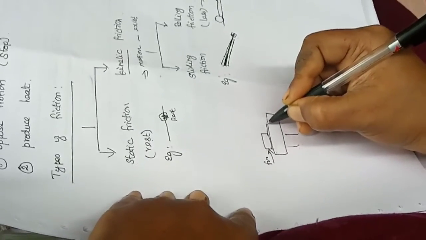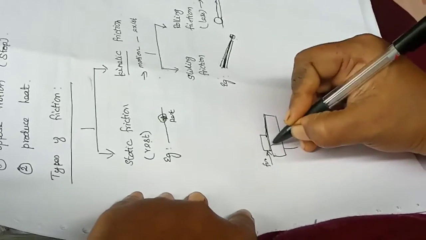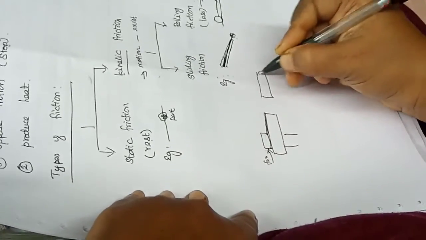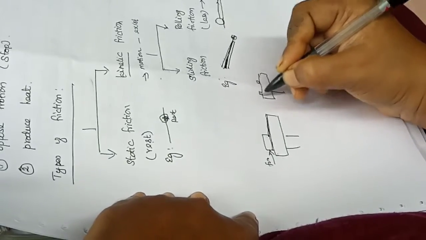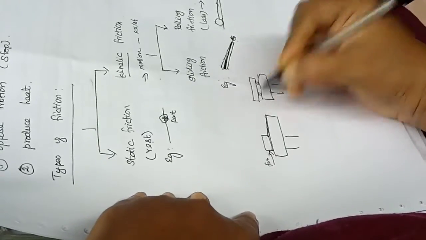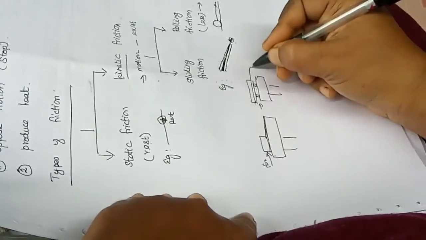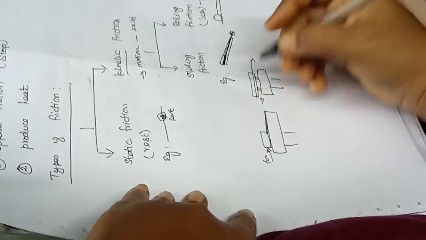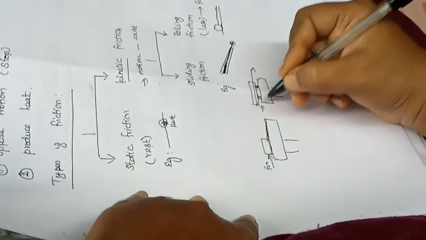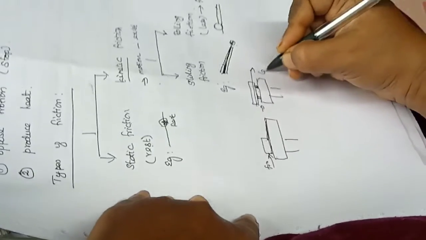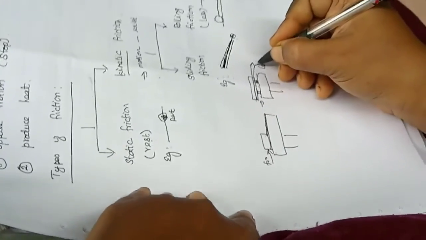The book will move somewhat slowly. Now on the table, keep a pencil and keep the book above the pencil. When you give your force, the book will move very quickly, because the pencil acts as a roller. So rolling friction is less. It reduces the friction, that's why it moves faster.